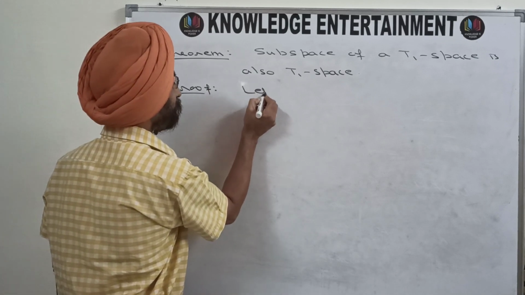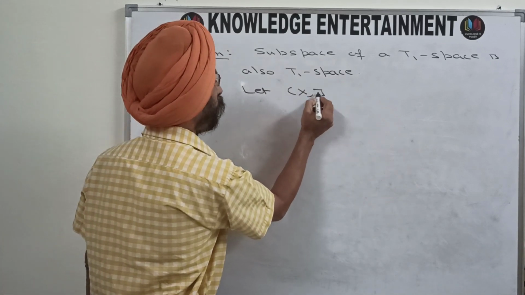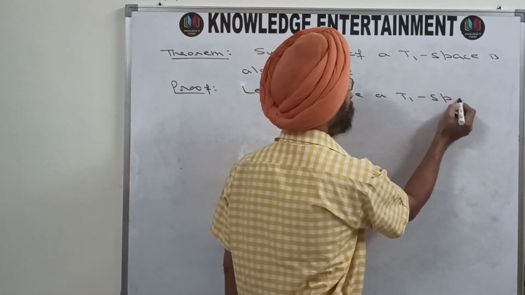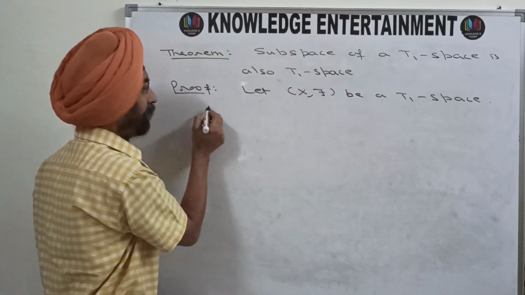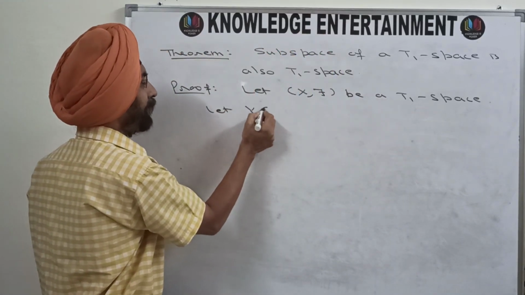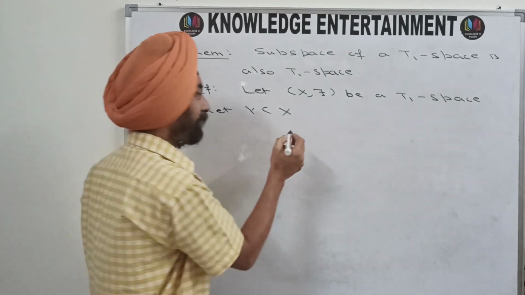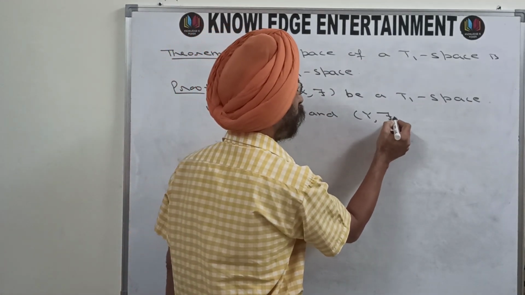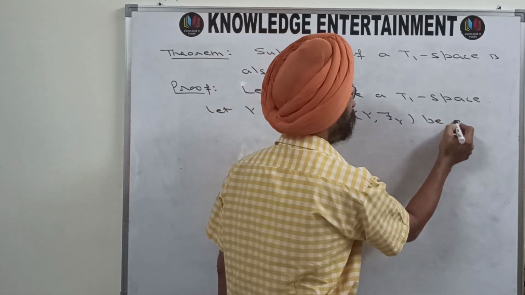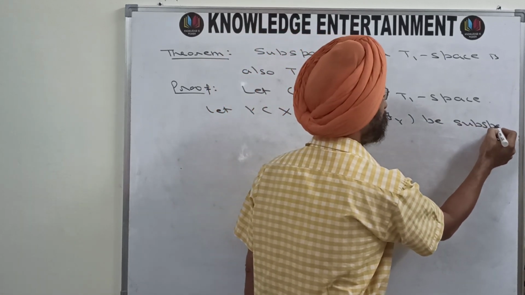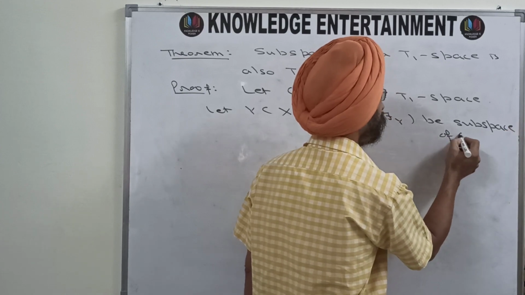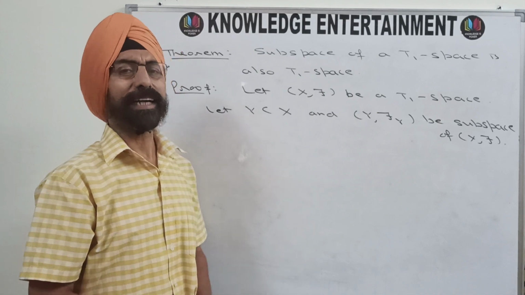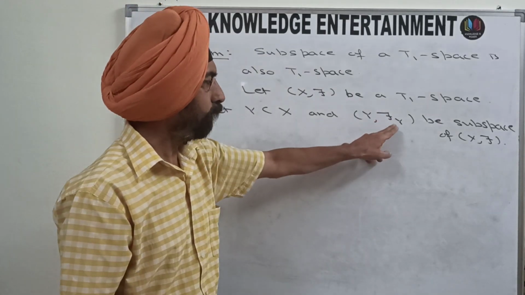Let (X, tau) be a T1 space. Let Y be a non-empty subset of X, and (Y, tau Y) be a subspace of (X, tau). One thing I'd like to remind you is how this tau Y is constructed.